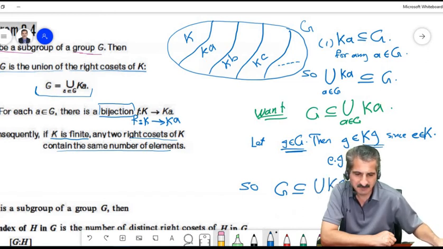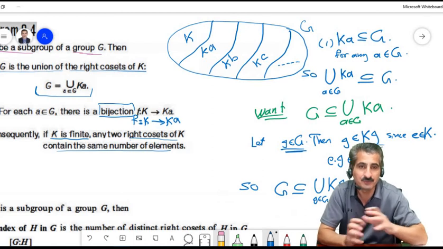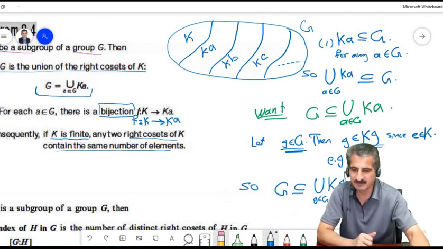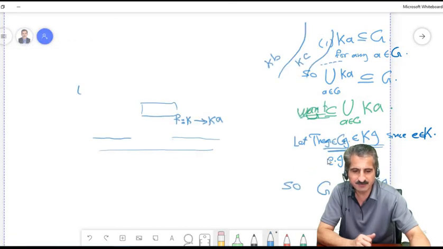I can write it in here now using small g. Because every element is contained in its own coset, every element of G is contained in a coset. So all elements of G are contained in the union of all cosets.